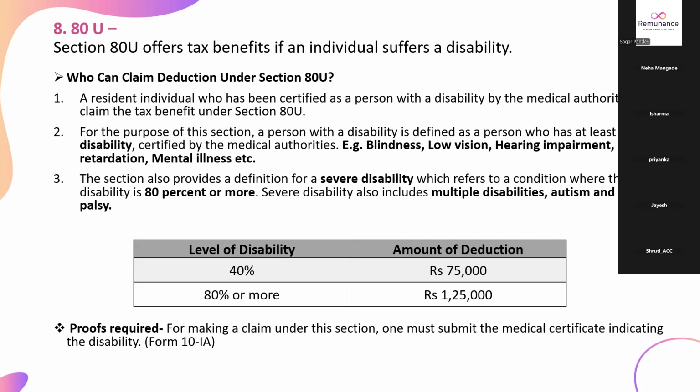And if it is 80% or more, you will get exemption of rupees 1,25,000. Severe disability includes multiple disabilities like autism, paralysis, etc. Again, you have to submit Form 10IA to claim 80U.